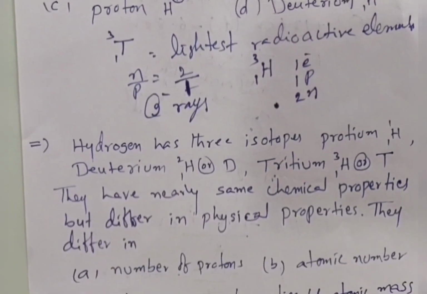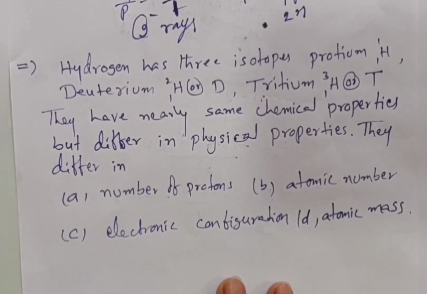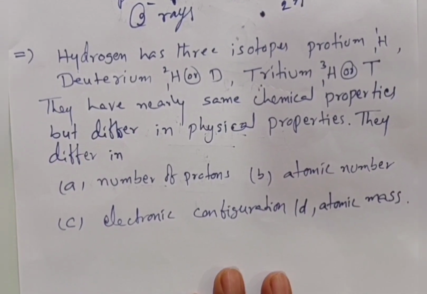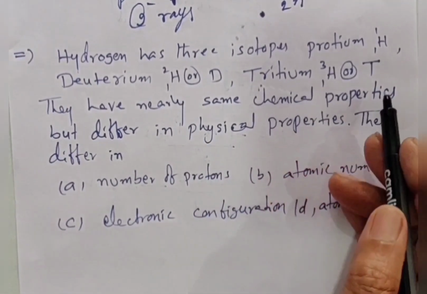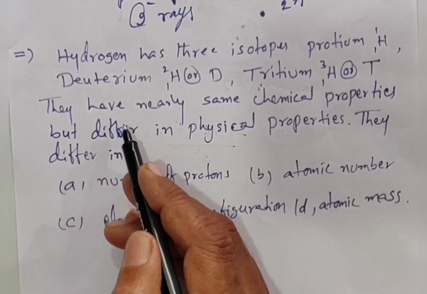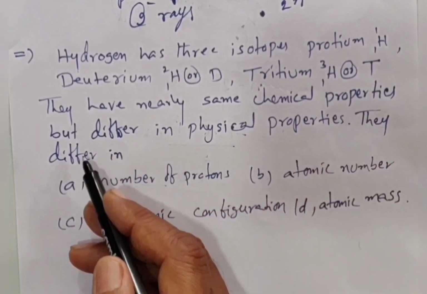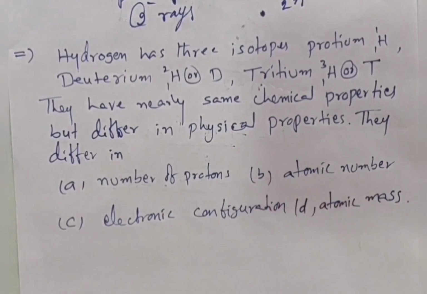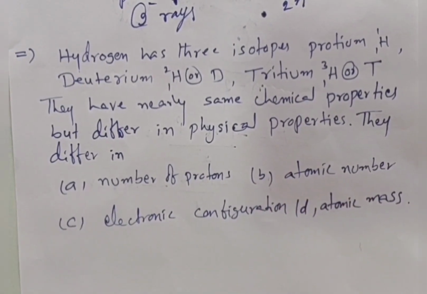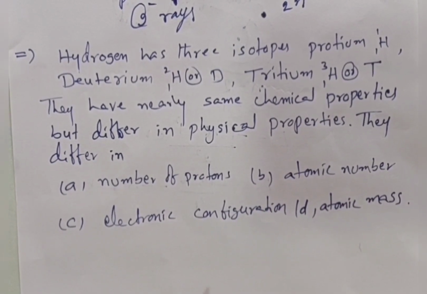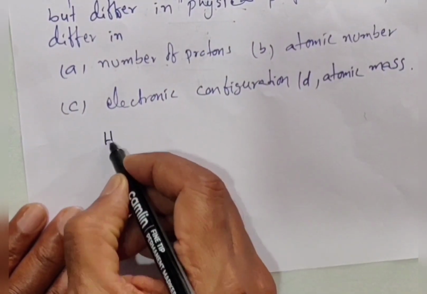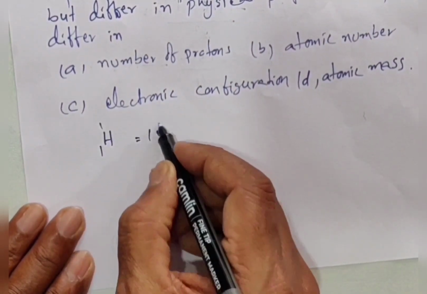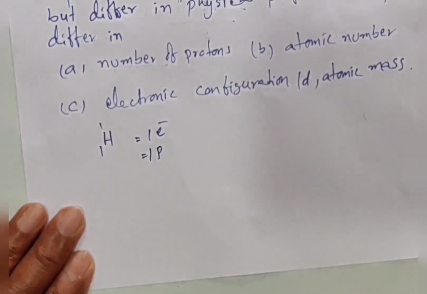In the next question, hydrogen has 3 isotopes: protium, deuterium, tritium. They have nearly the same chemical properties but differ in physical properties. Protium has only 1 proton in its nucleus, that's why it is called protium.